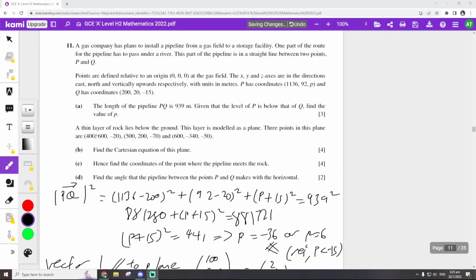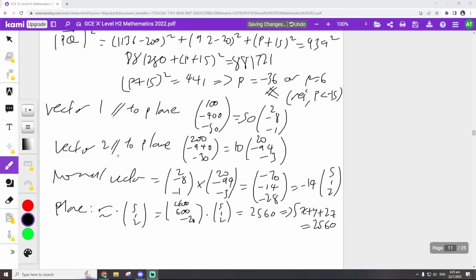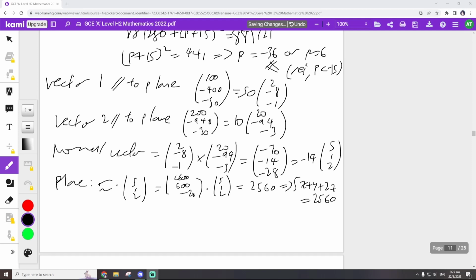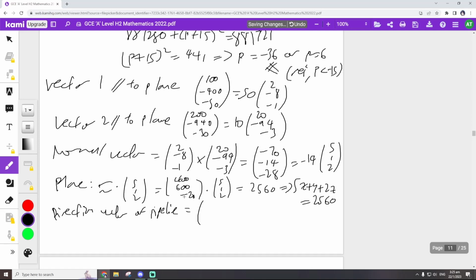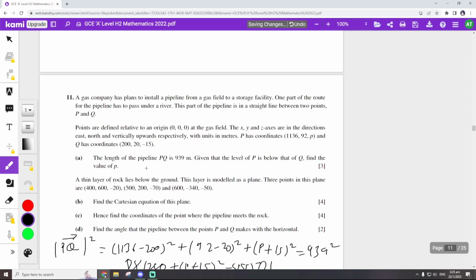Hence find the coordinates of the point where the pipeline meets the rock. I don't have a lot of space left on this page, but the direction vector of PQ, the direction vector of the pipeline, is, if I go from P to Q, or I go from Q to P, in fact, I can do that too.